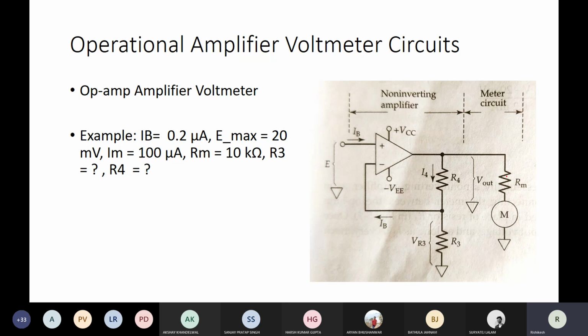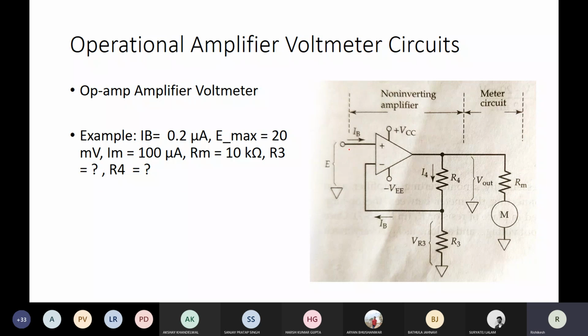The reason being that there is some minimum voltage required to drive the meter, because it is an electromechanical instrument. That extra power is not available in the case of the passive instrument, which is the PMMC instrument. However, in the case of op-amp, we have an external power supply to provide that extra power to drive the meter, even though the voltage being measured is of low magnitude.